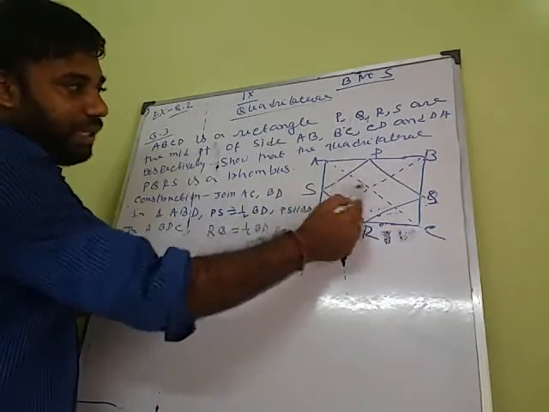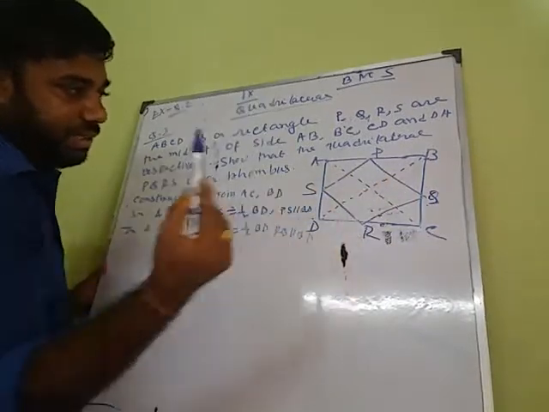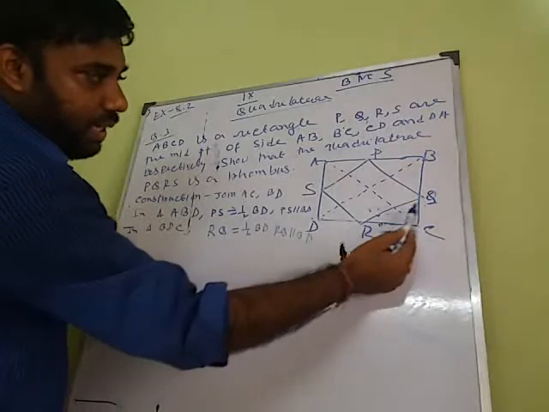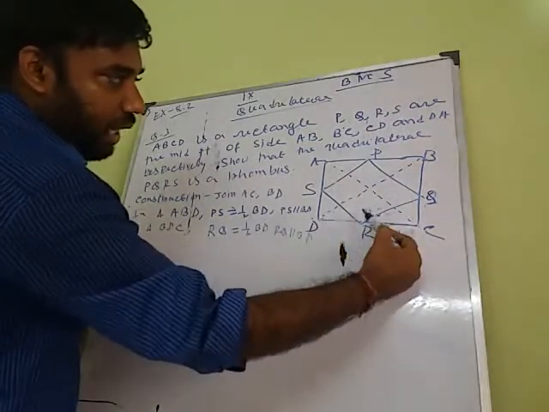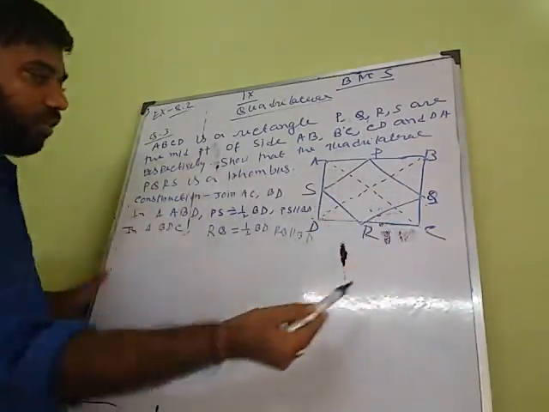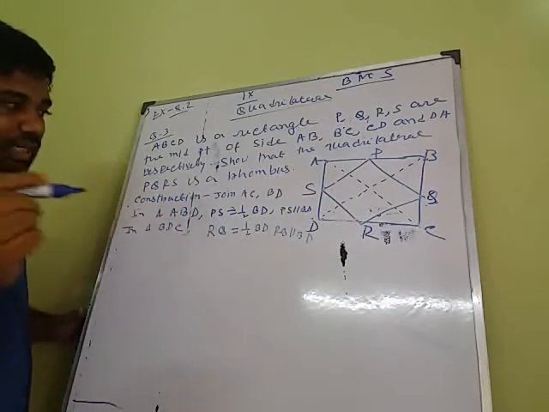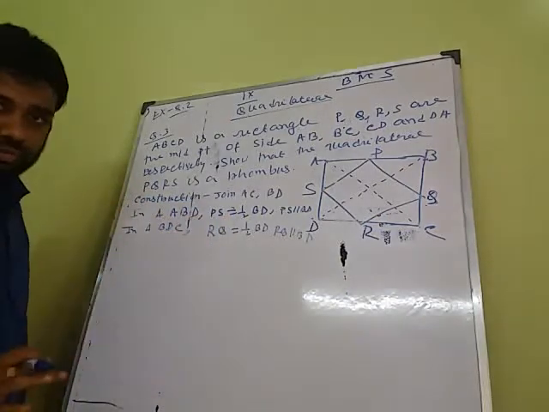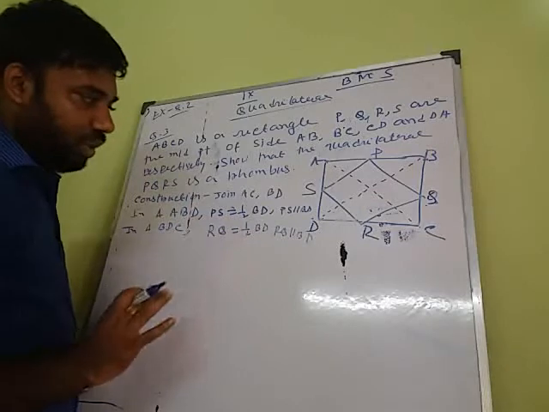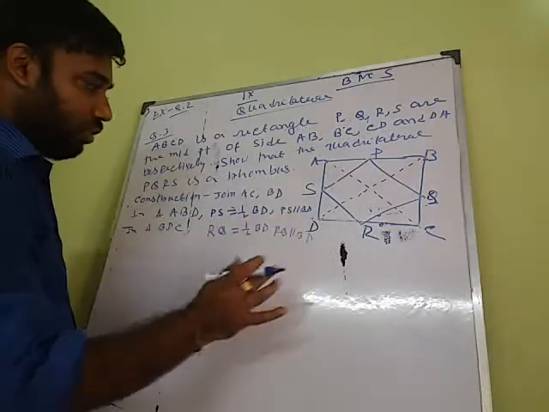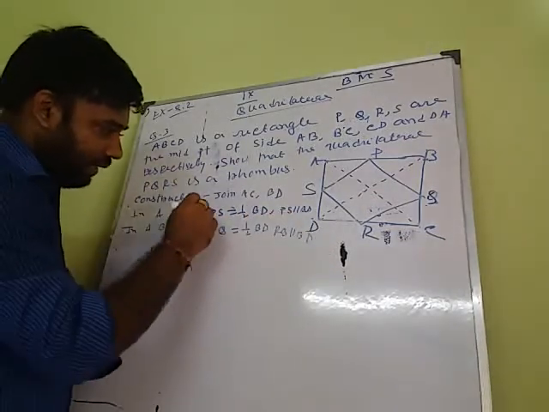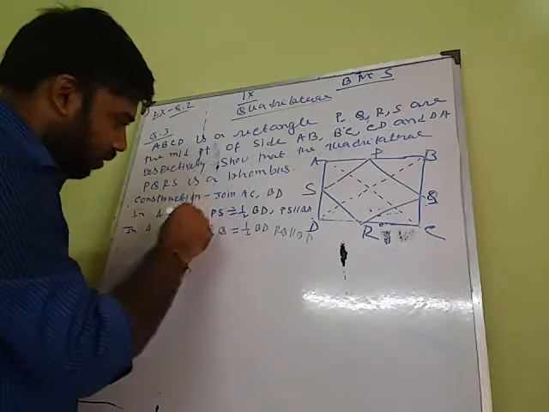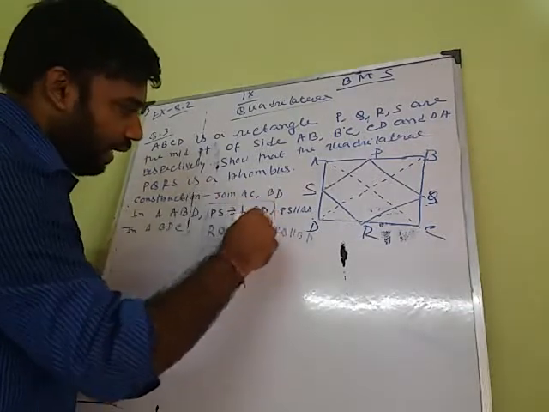That's why PS parallel to BD, and using the same reason you can say RQ parallel to BD and RQ equal to half of BD. So from these two lines you can conclude that PS equal to RQ and PS parallel to RQ. I am writing these two equations in a box. That will help you later.